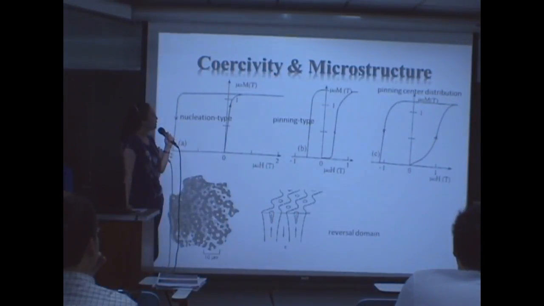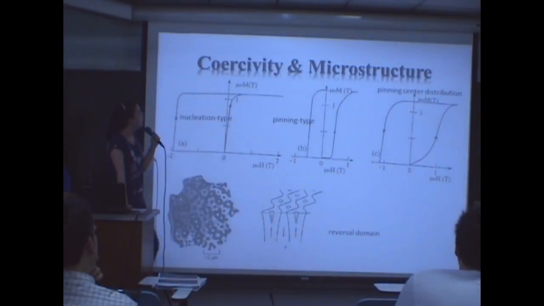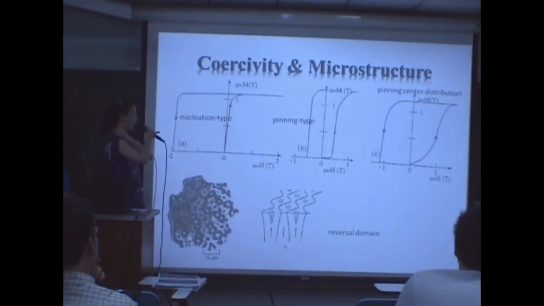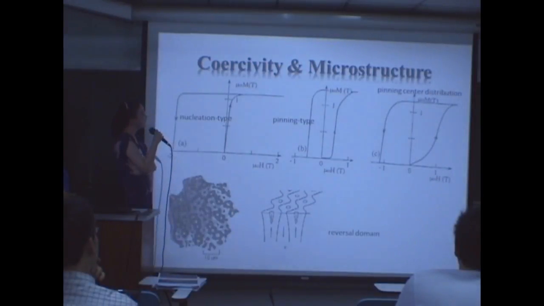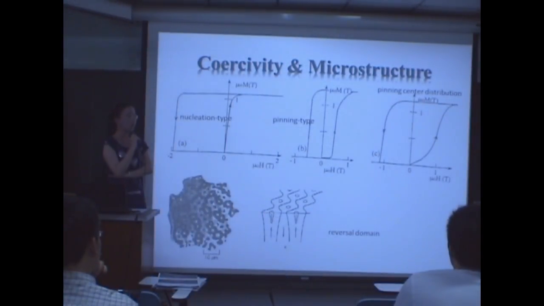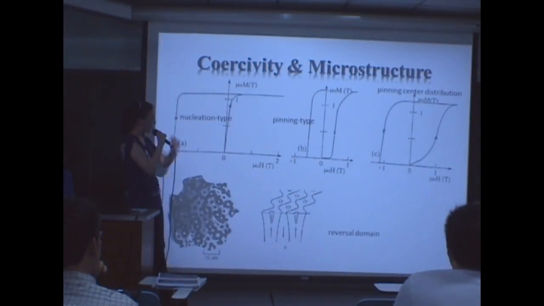Okay. Next one. This is the relationship between coercivity and microstructure. And there are three hysteresis loops here. The first one is the nucleation type dominant coercivity mechanism. We always hope the magnetic powder is smaller and the number of defects is fewer, so the nucleation sites of the reversal domain are also fewer.